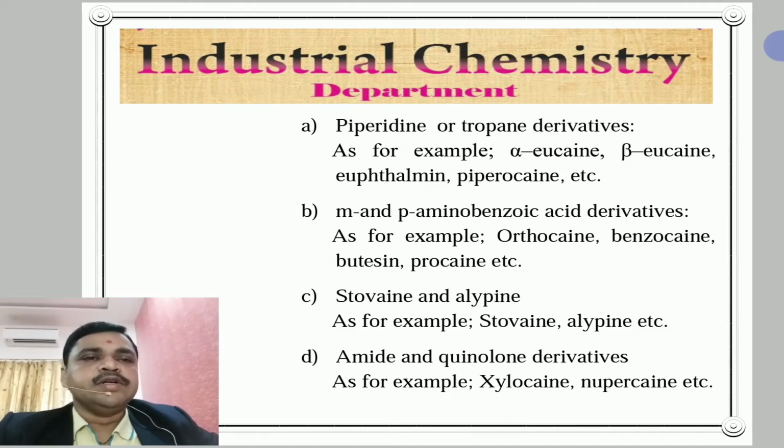Number C, stovane and alipine. Stovane, alipine, etc. are examples of this class. Number D, amide and quinolone derivatives. Xylocaine, nupercaine, etc. are examples of these amide and quinolone derivatives.